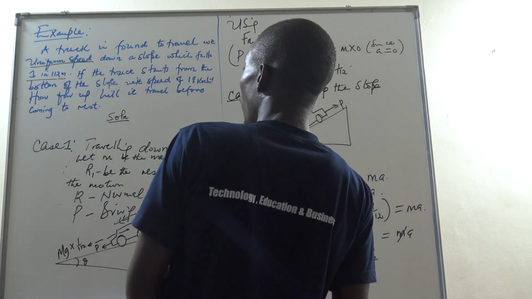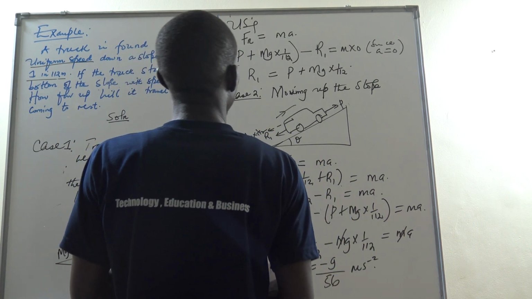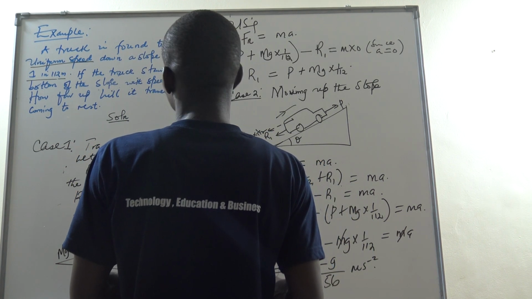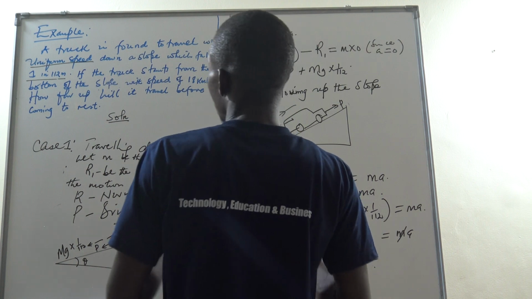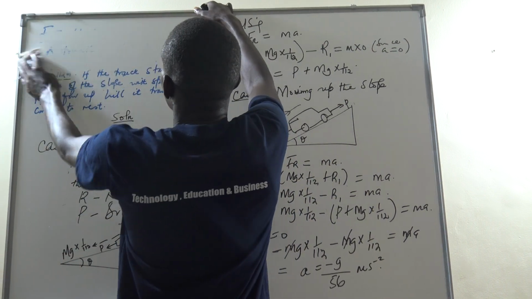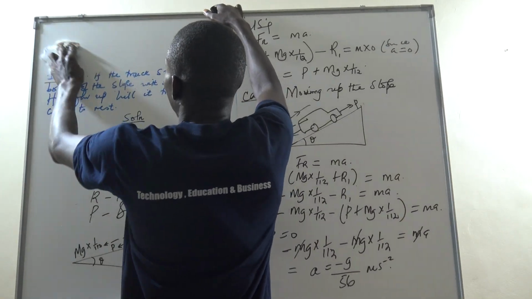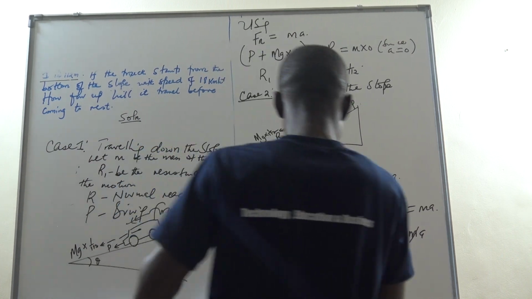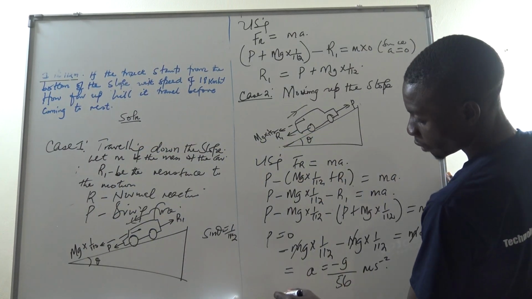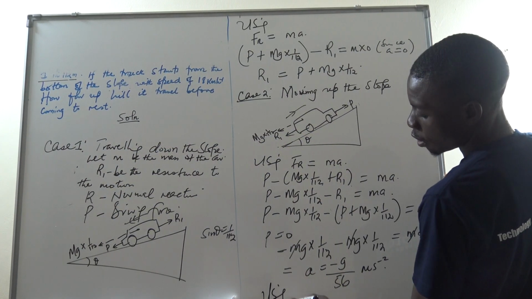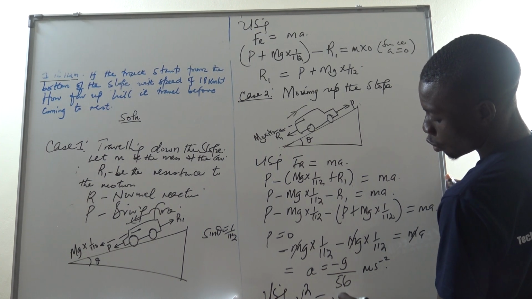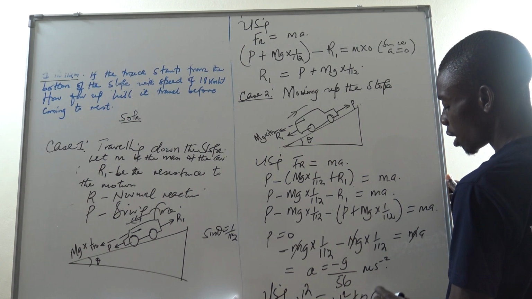And then to get how far upstream, we can now use the third equation of motion, using v squared equaling to u squared plus 2as.